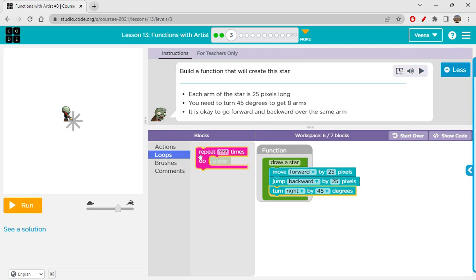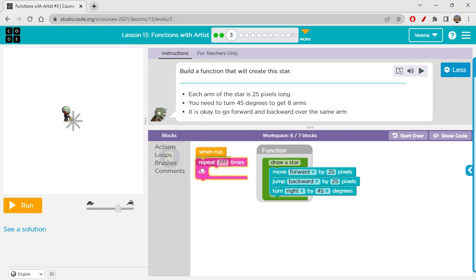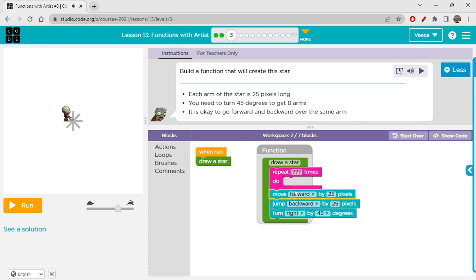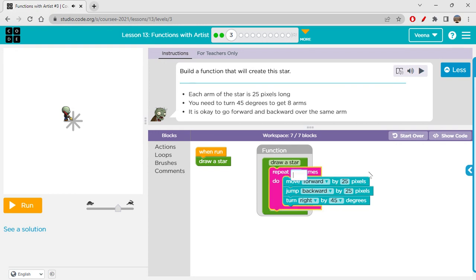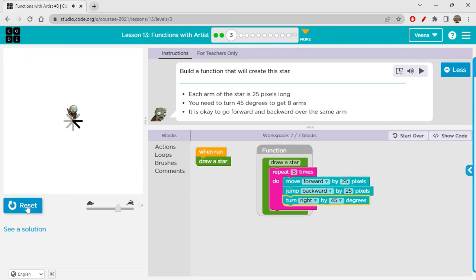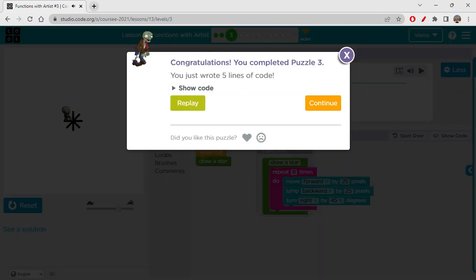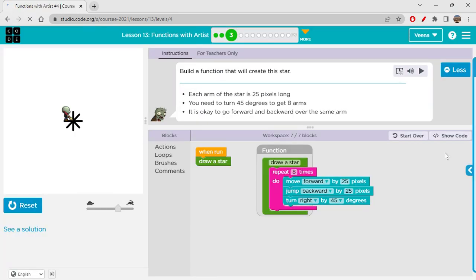So with loops, this should be repeated 8 times. Then we could place this inside the loop 8 times. That's it. Let's run it. Cool. This was simple, right? Continue.